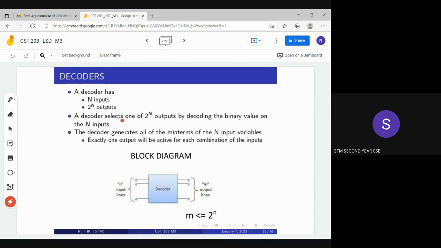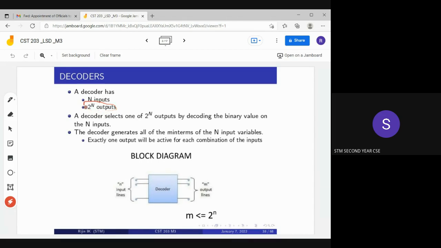Okay, so first we can discuss what is a decoder. We can say a decoder is a combinational circuit. Simply, it is a combinational circuit. It has n input lines and 2 raised to n outputs.